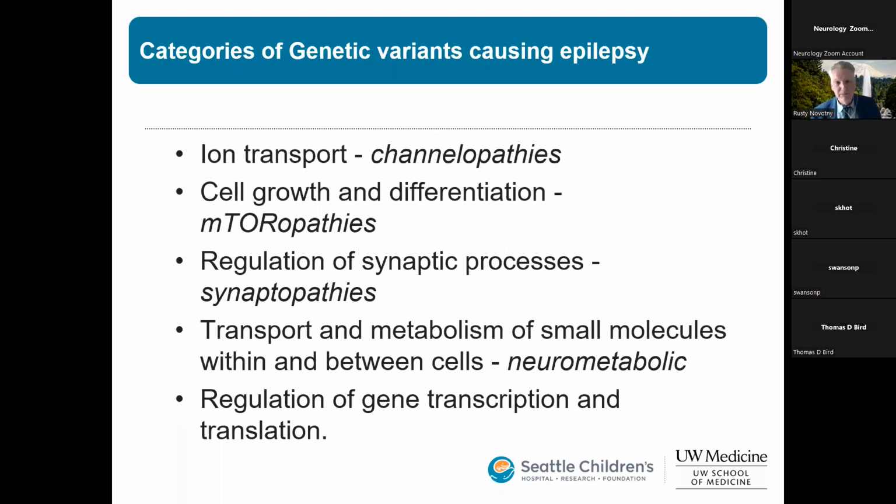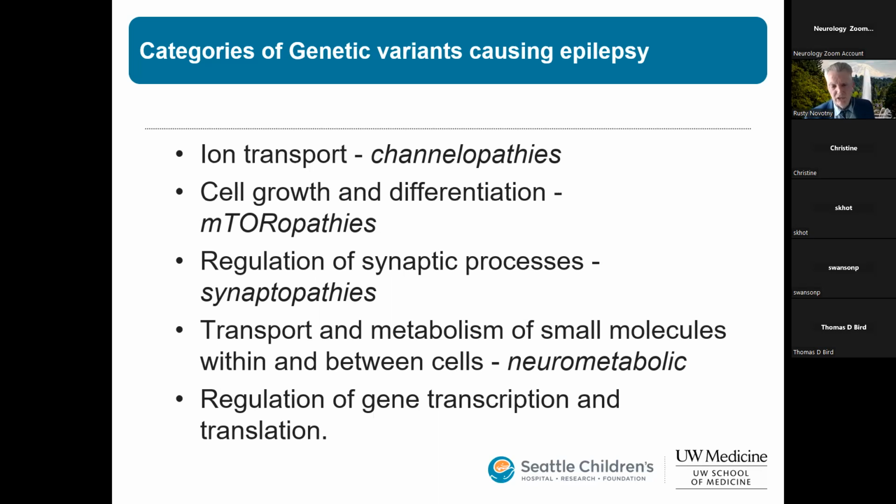As I mentioned, people have tried to categorize these genetic variants that cause epilepsy: ion transport, cell growth, and genes that regulate cell growth and differentiation, such as the mTORopathies; regulation of synaptic processes, often referred to as synaptopathies; and neurometabolic diseases involving metabolism of small molecules within and between cells, not only in neurons but also in astrocytes and glia, which we know also have an underlying genetic basis.